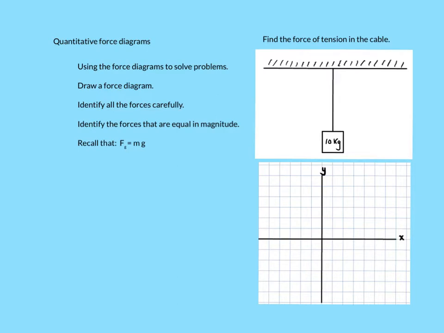So for instance, if I have a box hanging from the ceiling, I want to find the force of tension in this cable. So I'm going to start by drawing my force diagram. Okay, so I've got a force of gravity, right? And I've got an equal and opposite normal force.